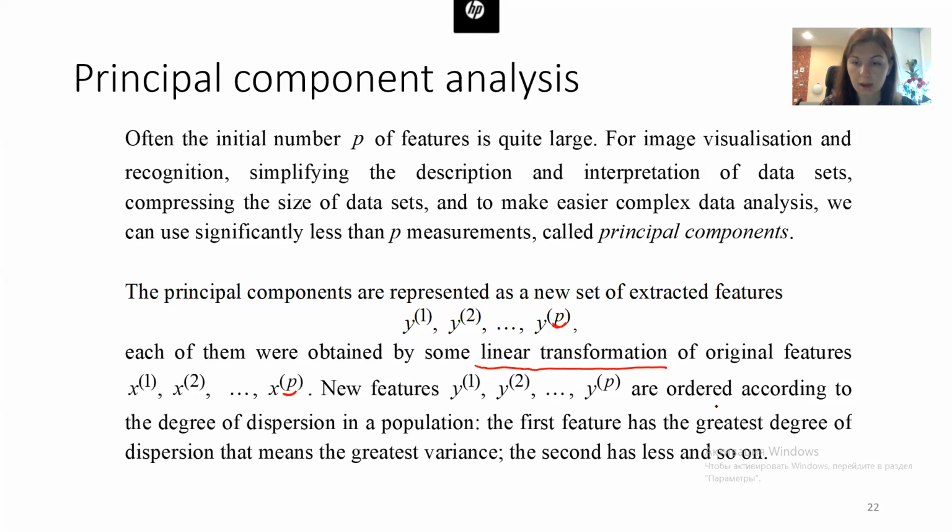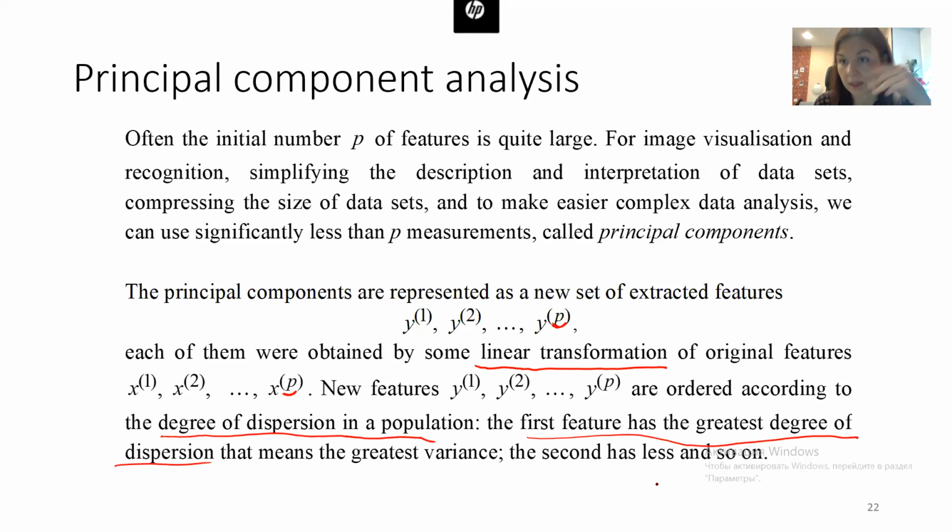And the features are ordered according to the degree of dispersion in a population. The first one has the greatest degree of dispersion, the highest variance actually. That means the greatest variance, and the second has less, and so on. So we just sort our principal components by decreasing variance.